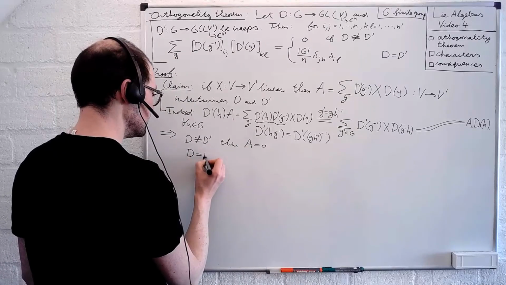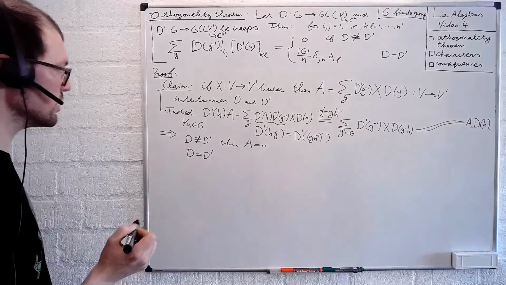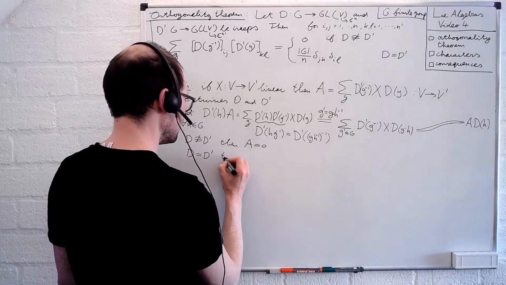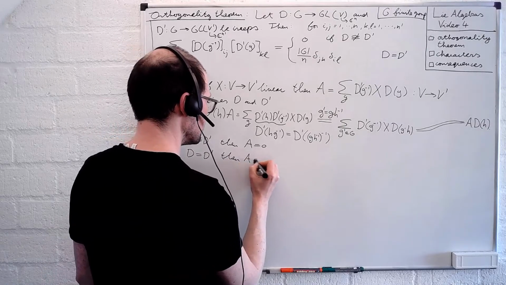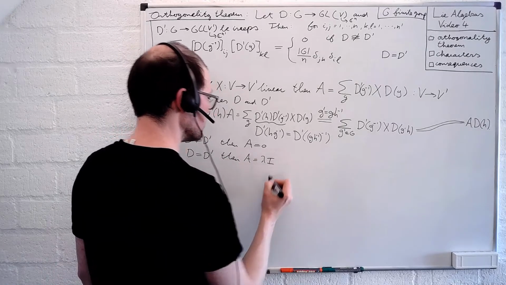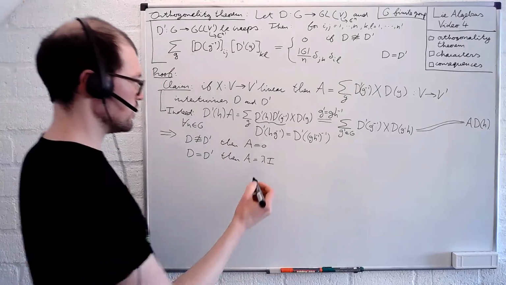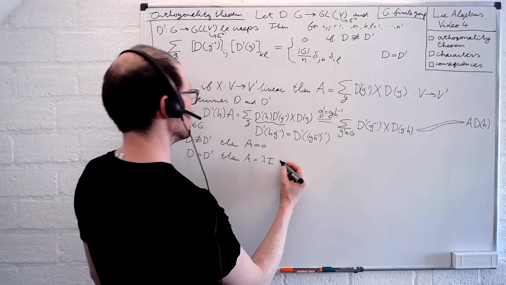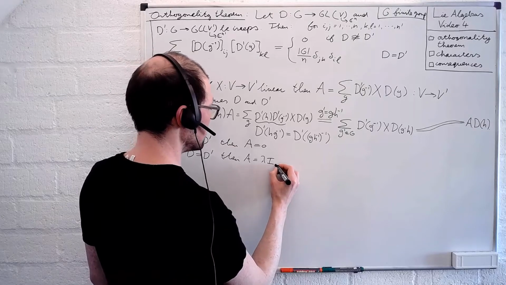And if D is really identical to D prime, then A has to be a linear multiple of the identity matrix, the identity matrix of the dimension of D, so n.